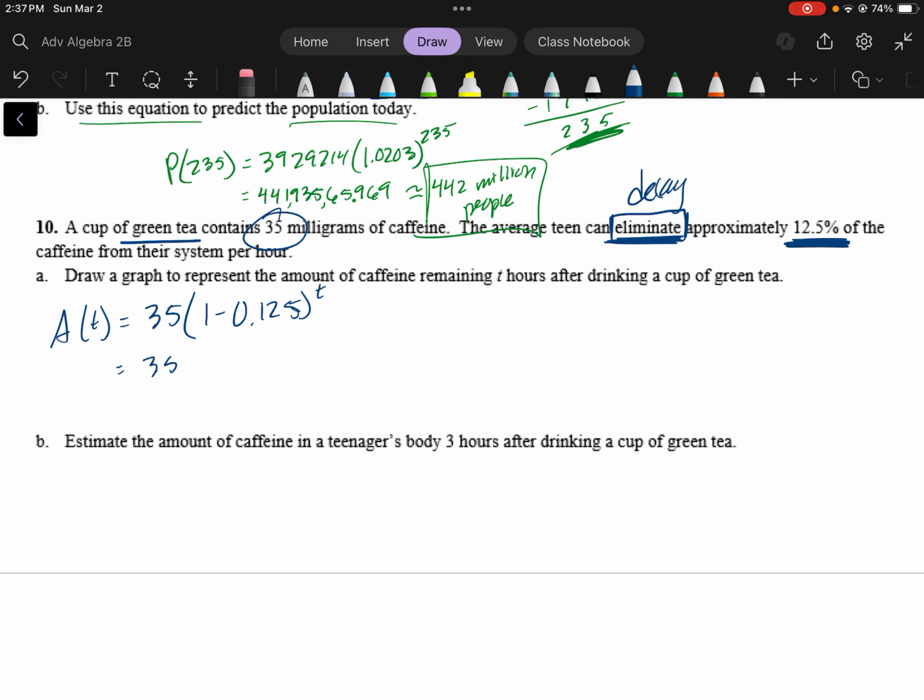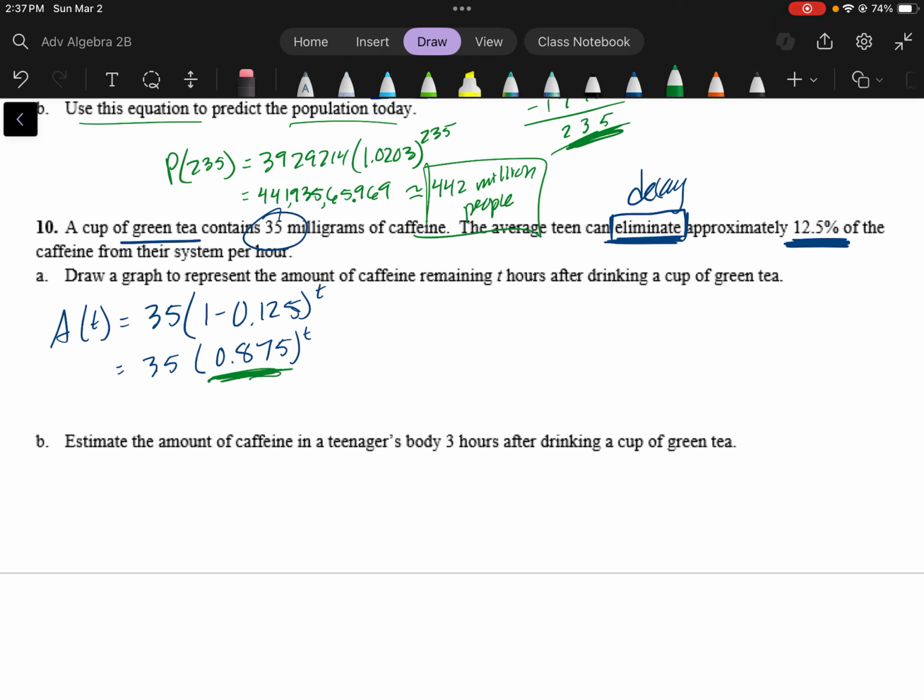So that turns into 35 times 0.875 to the t. And then again, this number makes sense because we're getting rid of caffeine. And so this b value, base value, is less than 1 and greater than 0. So that would be the exponential decay that we needed.